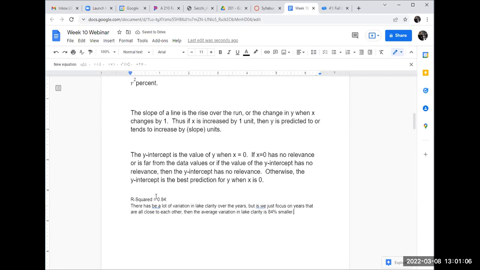So we have a reduction in variation by 84% on average if you use the year to predict Y.